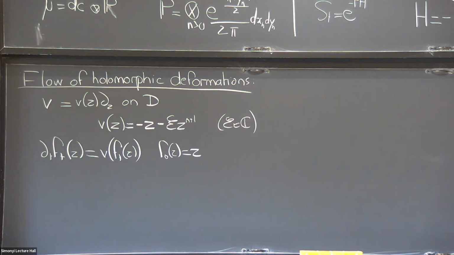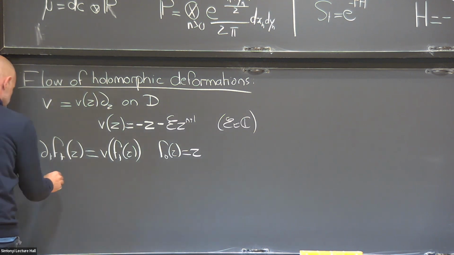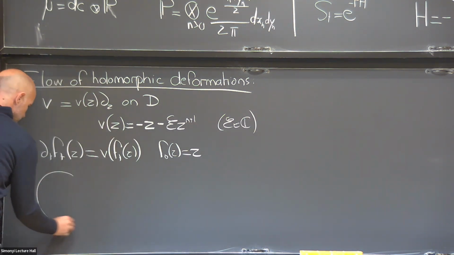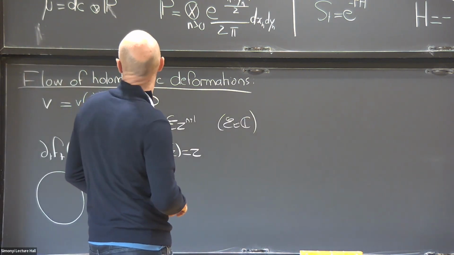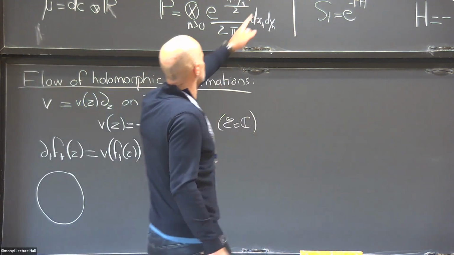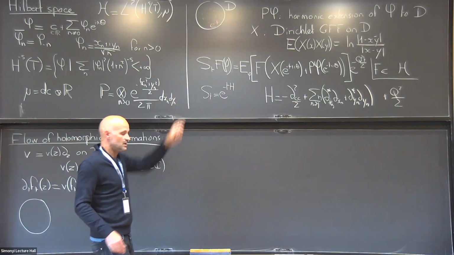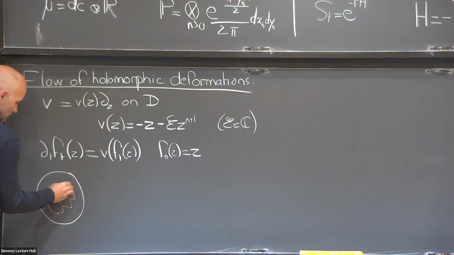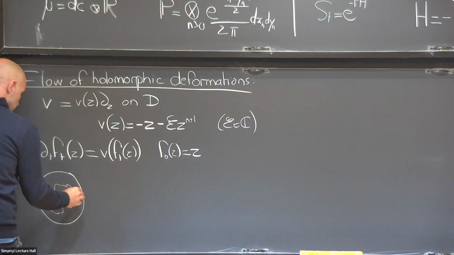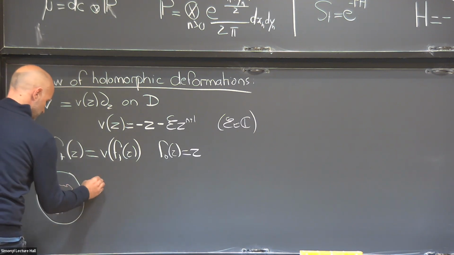So what I want to do now, if you look at the unit disk, here I had looked at the restriction of the GFF on a shrinking circle. Now, instead of a shrinking circle, I will look at the image of the unit circle by f.